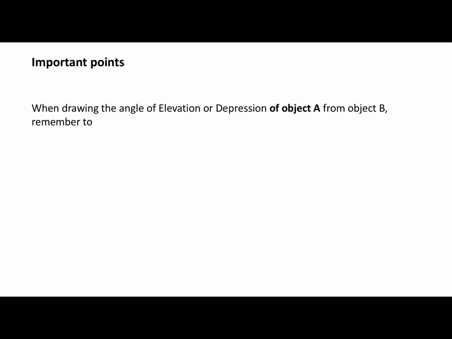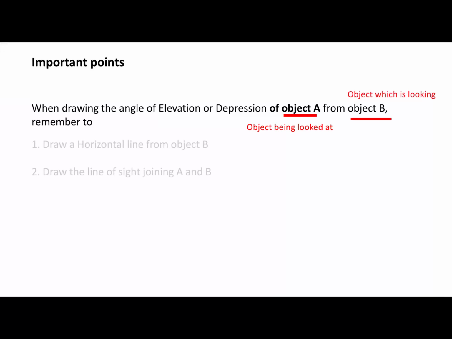First, you need to identify which object is which. Object A will be the object being looked at. Object B will be the object which is looking. Once you know which is which, you draw your horizontal line at the object which is looking. After that, you draw the line of sight by joining these two objects. So 3 things here: identify, horizontal line, line of sight.